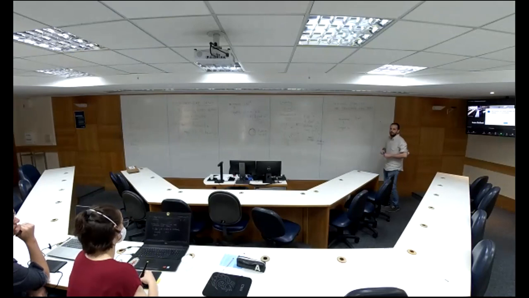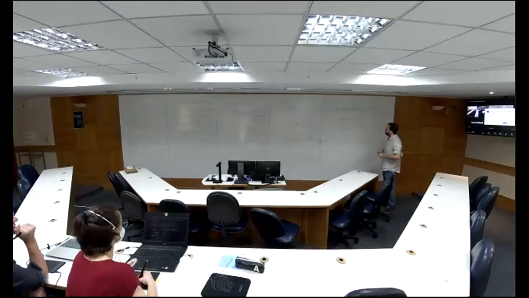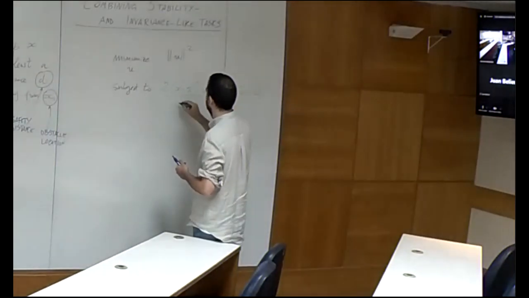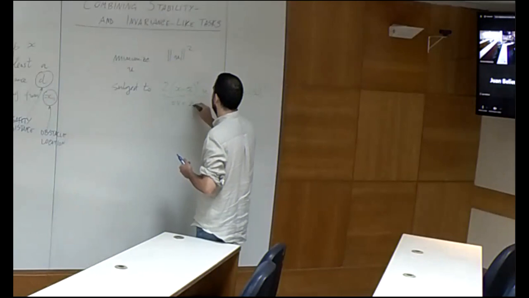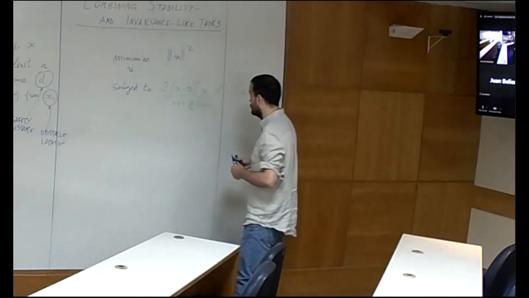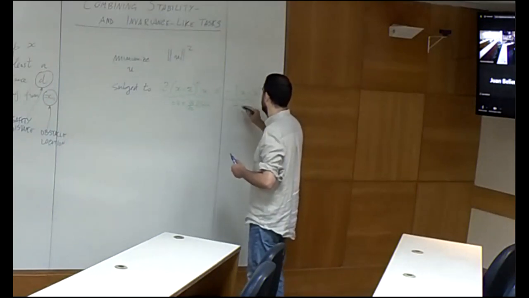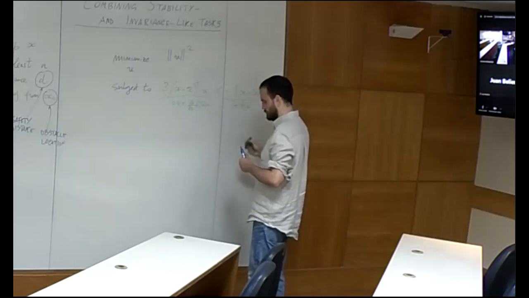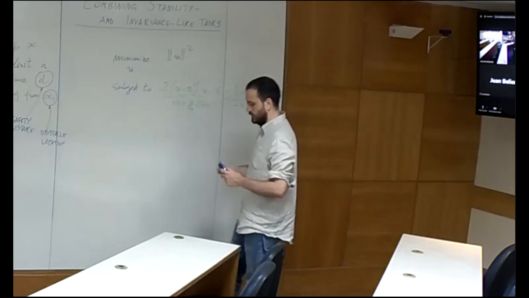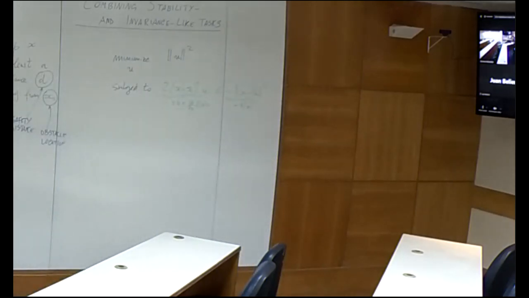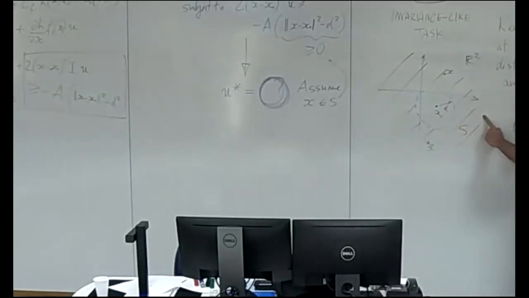It should be this, and this is what we wrote yesterday. This is V dot, equal to dV/dx times f1, and this is our p. Sorry, this is minus. That's the stability line. You want to drive towards x bar. And then there is the invariance.